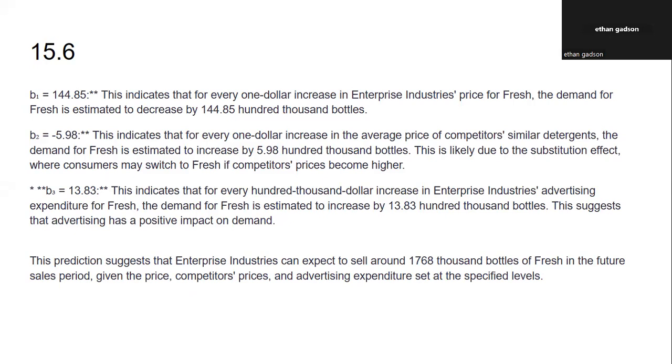This indicates that for every $1 increase in the average price of competitors' similar detergents, the demand for Fresh is estimated to increase by 5,980,000 bottles. This is likely due to the substitution effect, where consumers may switch to Fresh if competitors' prices become higher.